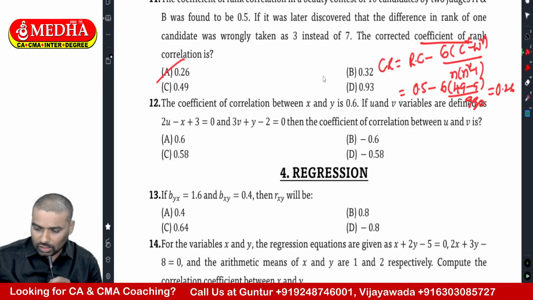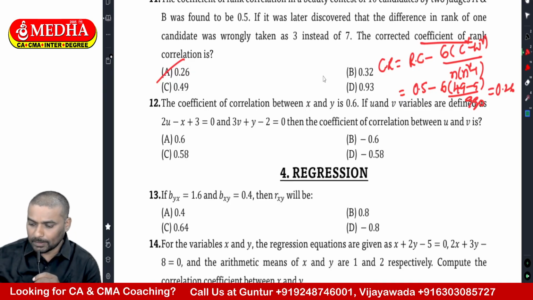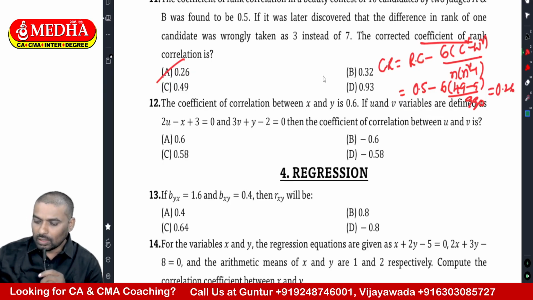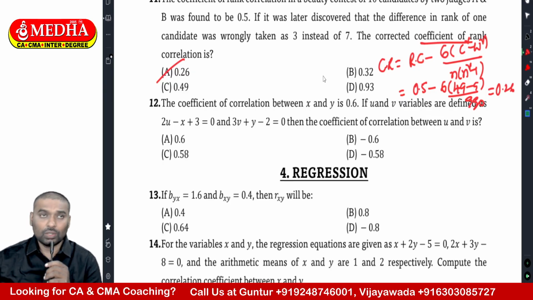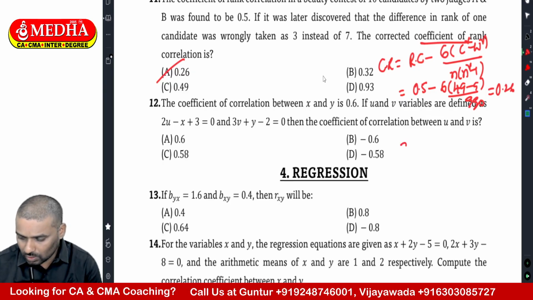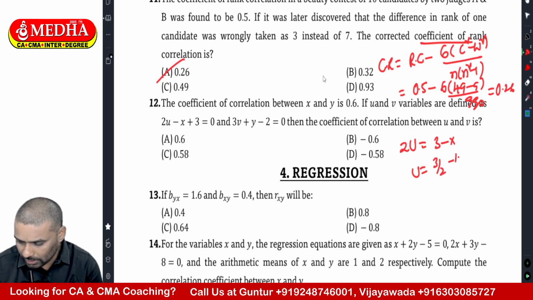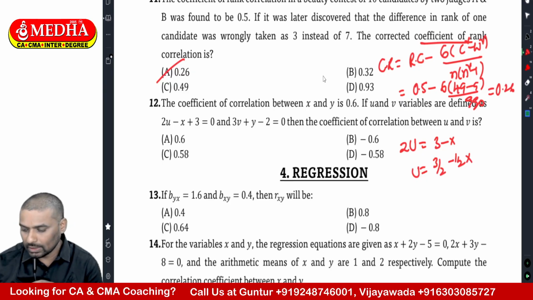Next one, R of xy is given 0.6. U and v are the variables defined 2u minus x plus 3 is equal to 0, 3v plus y minus 2 is equal to 0. Correlation coefficient between u and v. So 2u is equal to 3 minus x, u is equal to 3 by 2 minus 1 by 2x. The sign of b is negative.